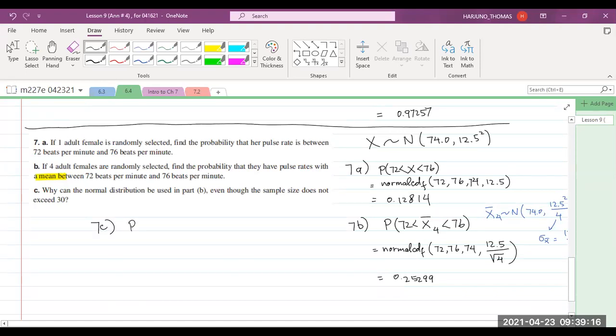Well, because the underlying distribution X is already normal. Okay, that's for number 7.